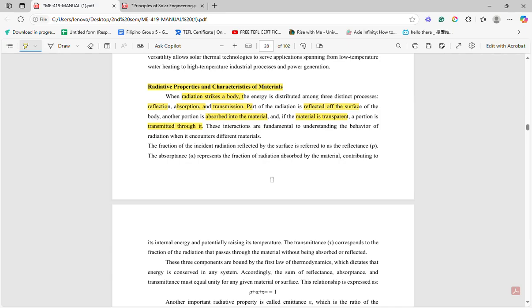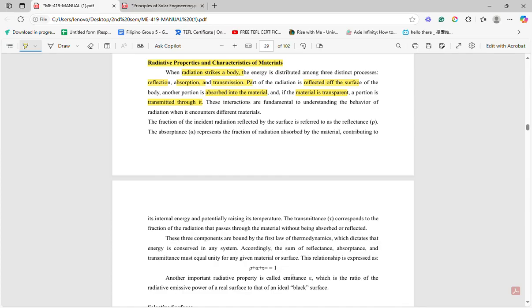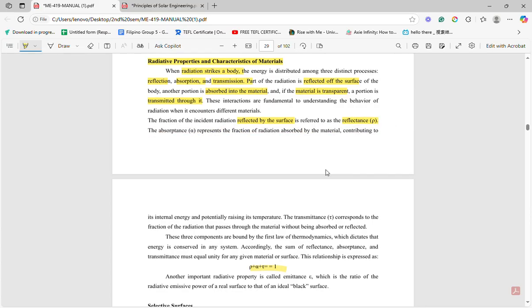The summation of these three will be equal to 1, which is equal to the total radiated energy.